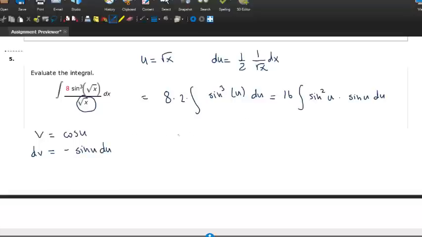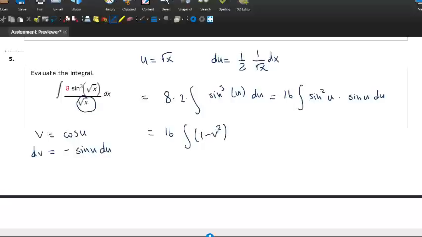So after this u substitution, let's see, this integral is 16 times. I have first sine square of u, but I know cosine u, and now I have to use a trigonometric identity, namely the one sine squared u plus cosine squared u is 1, so sine squared u is 1 minus cosine squared u, but we label cosine u as v, so this first term becomes 1 minus v squared.